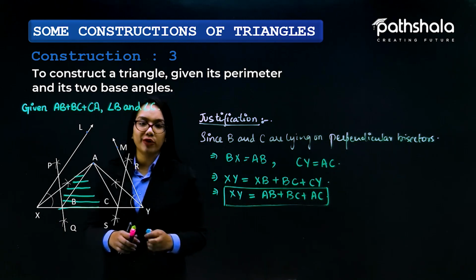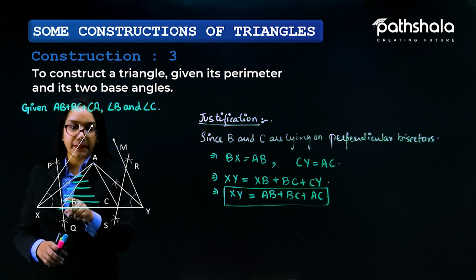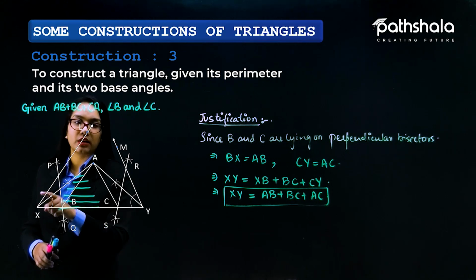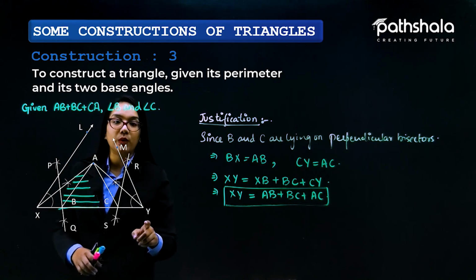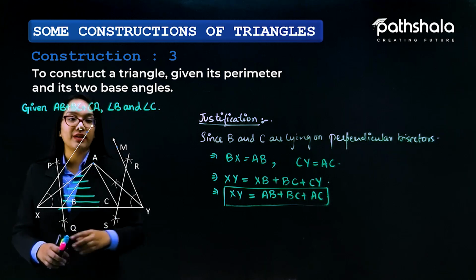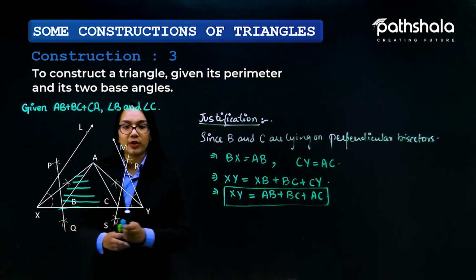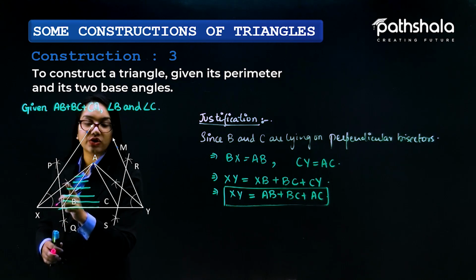Now let's move on further toward this particular angle. As we know, this angle B and this whole angle, which is LXY, are equal to each other, meaning we have taken them equal to each other. Now let's justify how they are equal to each other. So first of all, we know that both of these angles are equal to each other.